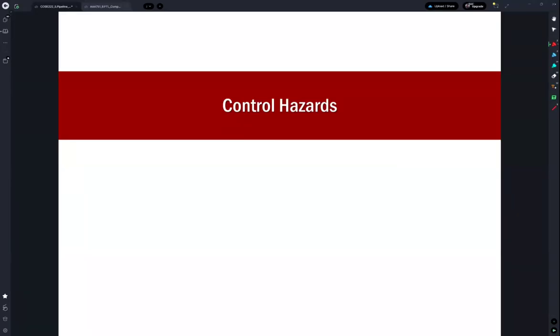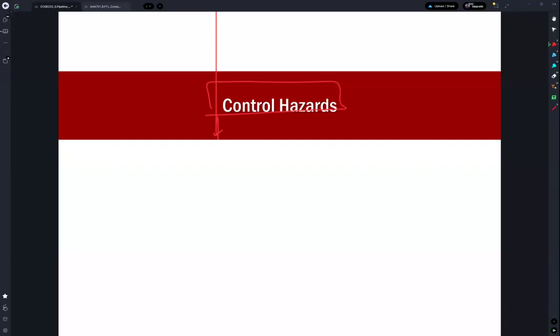Now we will learn how to handle the control hazard. So what is the control hazard? As I mentioned, a control hazard means that clock cycles are wasted due to control instructions.